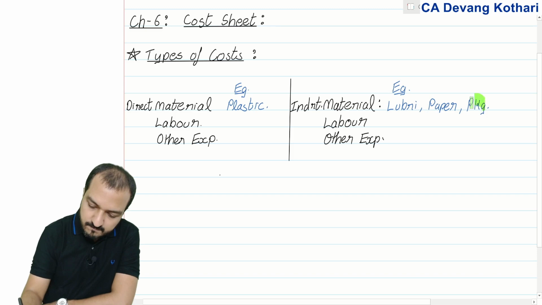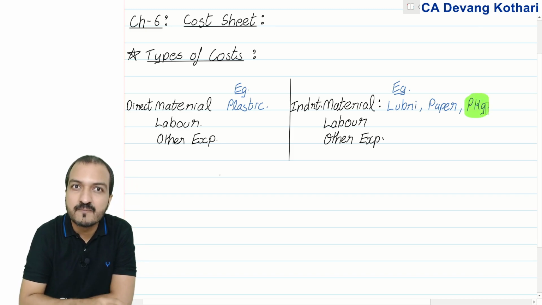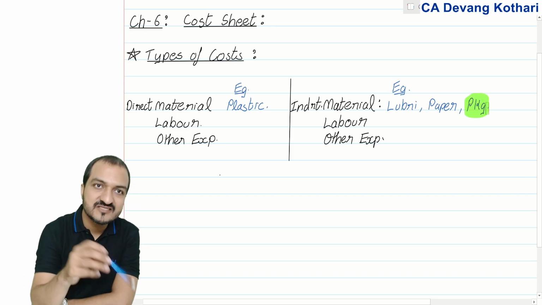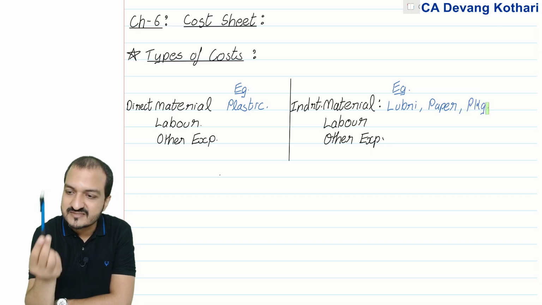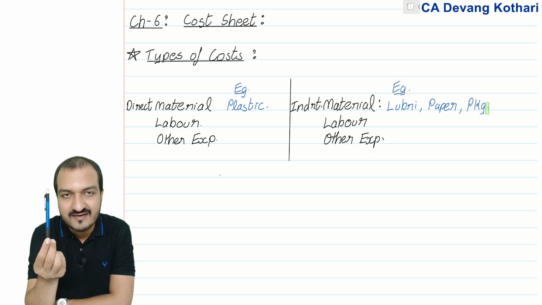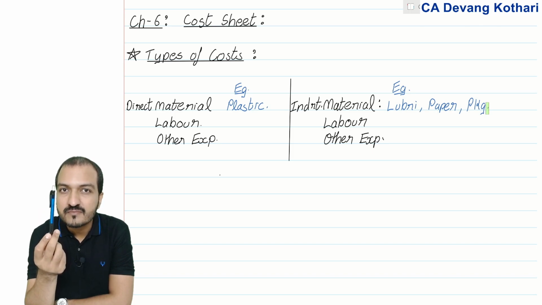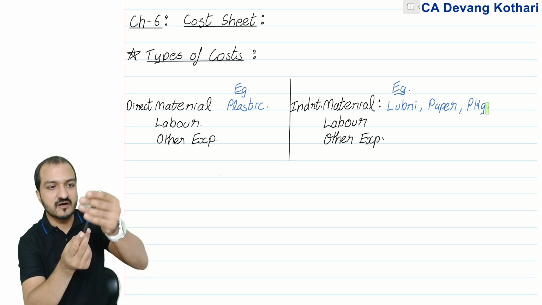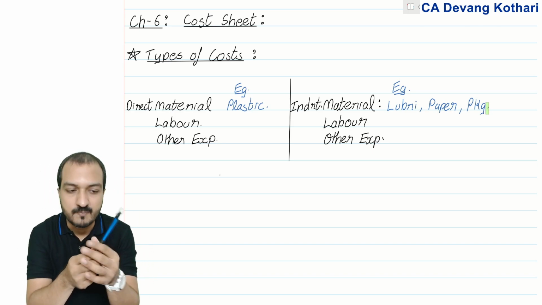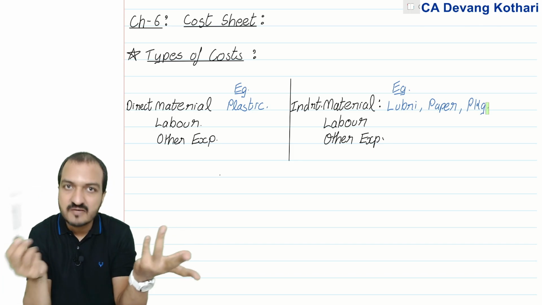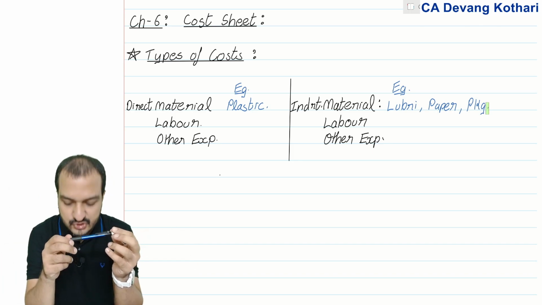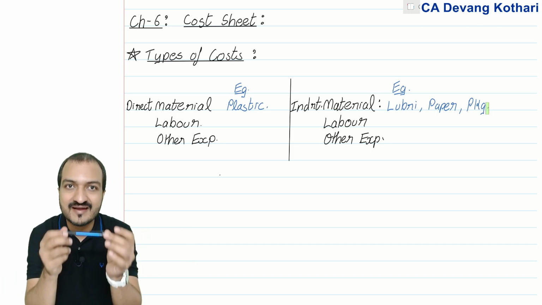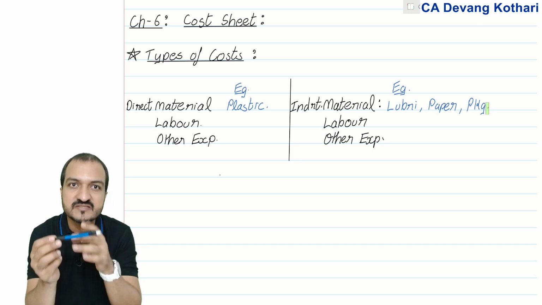Okay, tell me, what about packaging material? Don't I incur packaging cost on this pencil directly? When you purchase this pencil from the market, don't you see there is a plastic covering on this pencil? The plastic covering on the pencil is a packing material. Then shouldn't the packing material be a direct cost? It is directly incurred on this pencil.